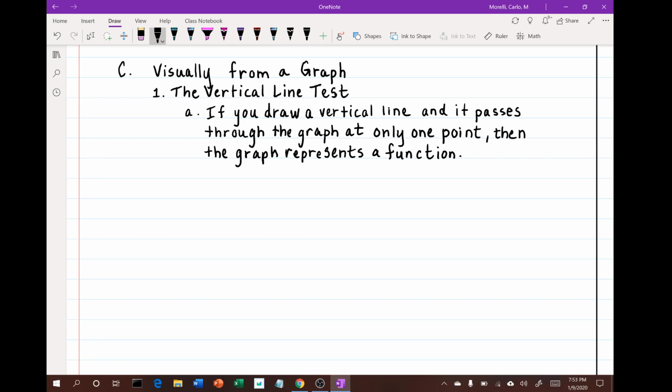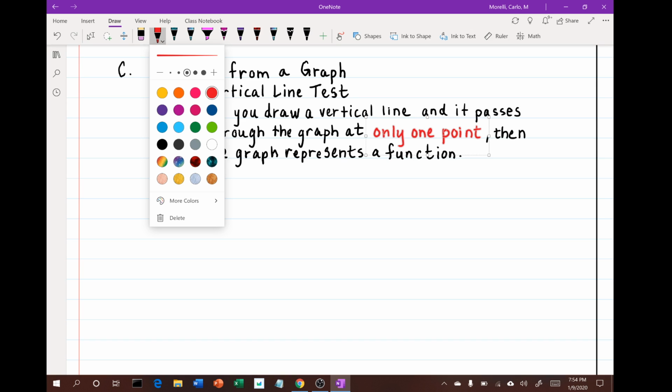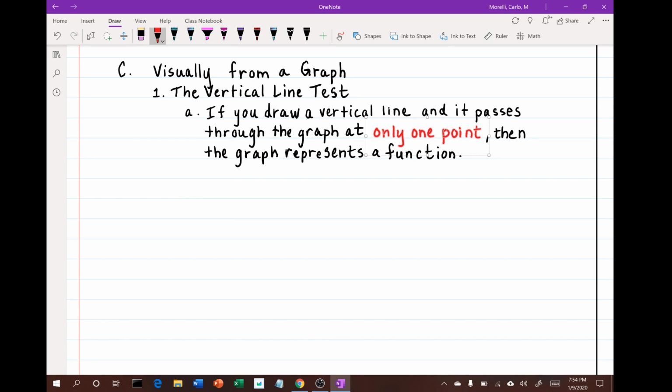Okay. So here we should make only 1 point red.